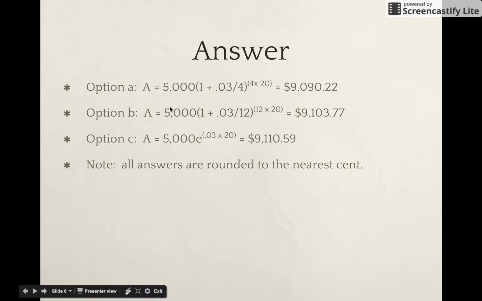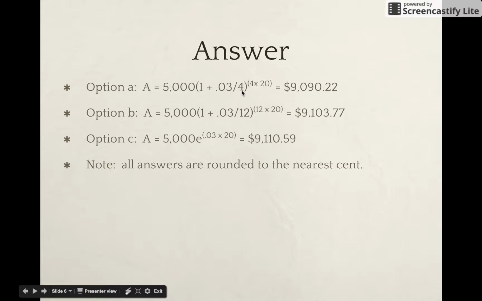Taking a look, our initial investment for each of the three cases is the $5,000. Here our interest rate is 3%. And notice in each of these instances where the interest rate is put in, it is put in as a decimal, right? It's not put in as 3, it's put in as 3/100ths.